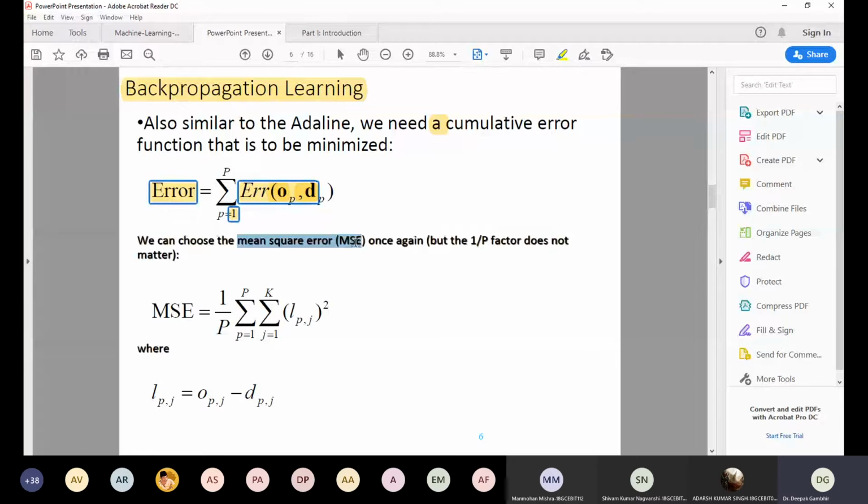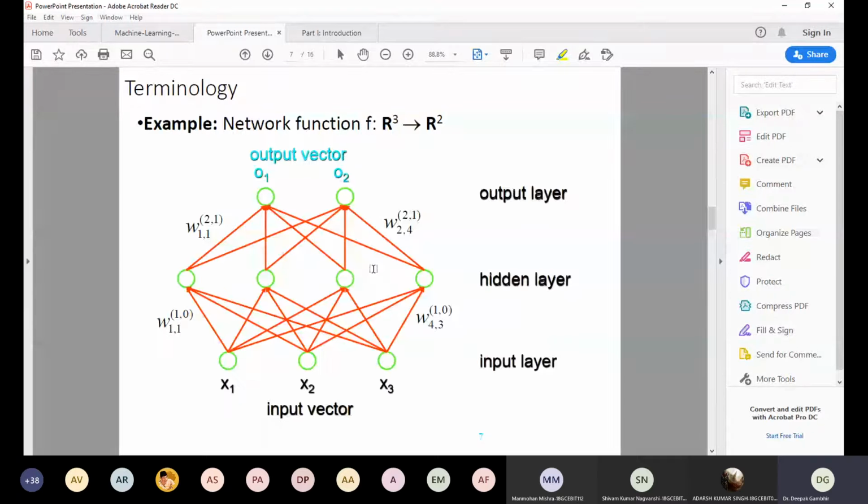The mean square error function is the square of this error and added up, nothing else. The same error summation from p equal to 1 to P, for each pattern we will compute the error, which is given as O minus D. So this is for each point P, having K values. We will see this in the next slide also. See here, you need to remember this, that what we are going to do is have a multi-layer network.